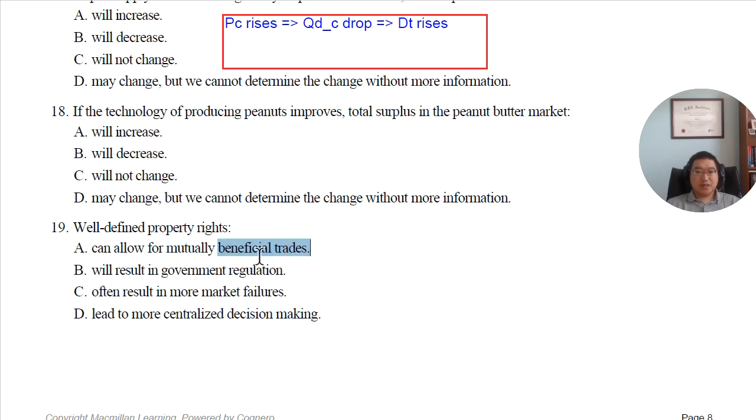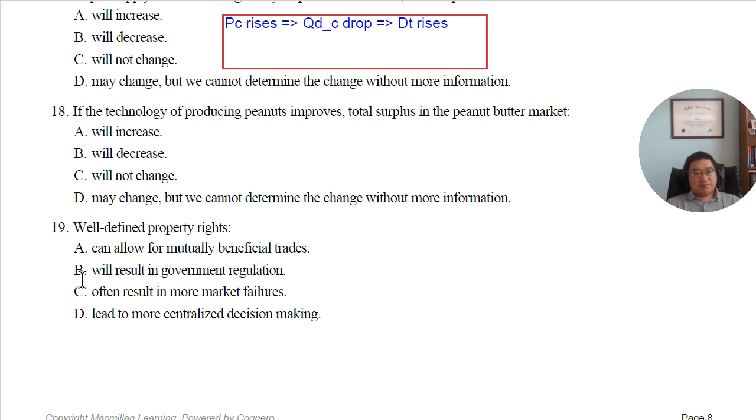Then why do you provide it to the market in the first place? Unless it's forced, right? That's basically slavery. So you have to have well-defined property rights so that mutually beneficial trades can happen, and the market can work.